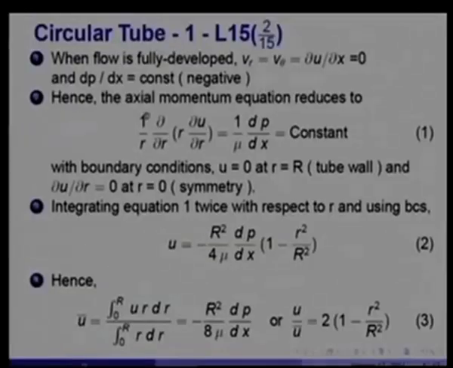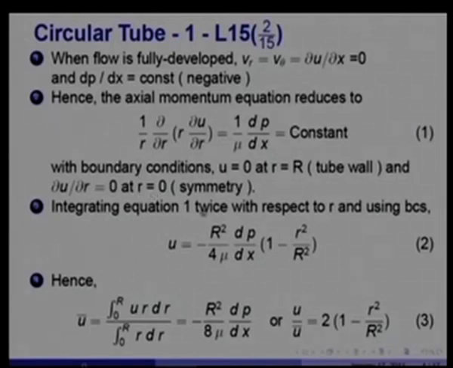Hence, the axial momentum equation reduces to 1 over r d/dr (r du/dr) equal to 1 by mu dp/dx equal to a constant, with boundary conditions u equal to 0 at the tube wall, r equal to R, and the gradient du/dr equal to 0 at the axis of symmetry.